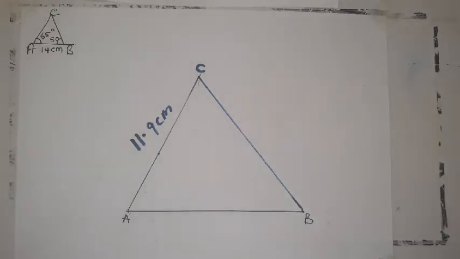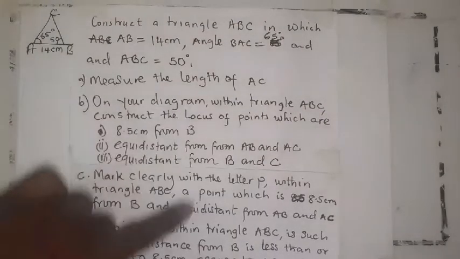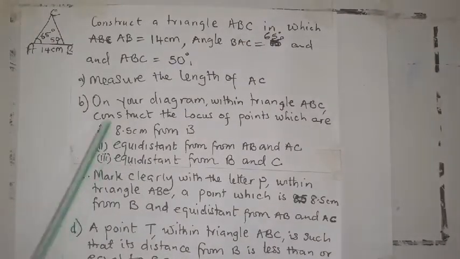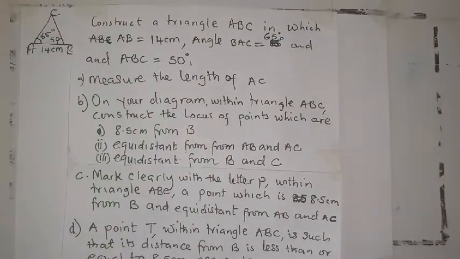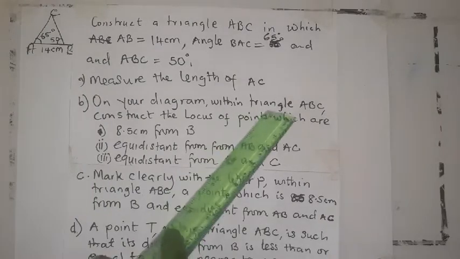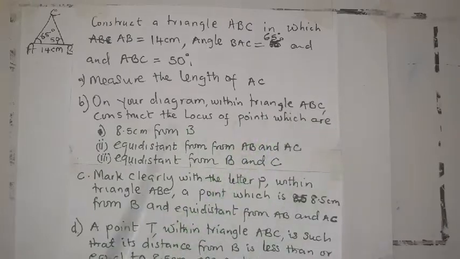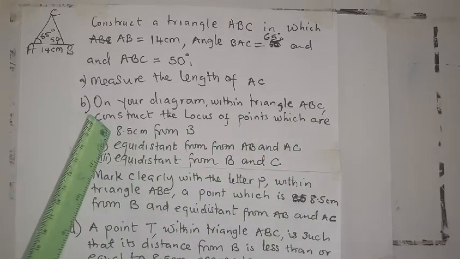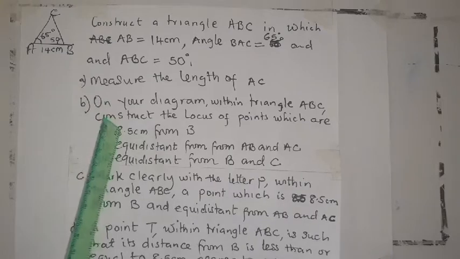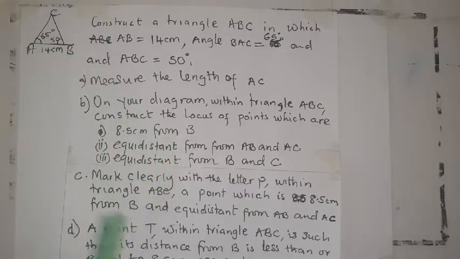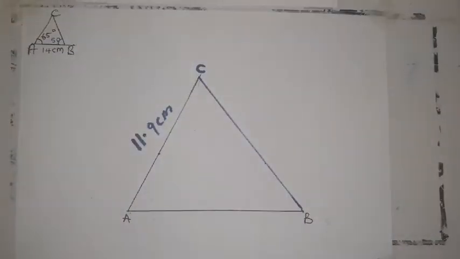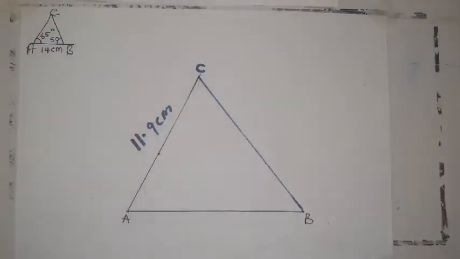What's the next question? Next question now is, on your diagram, which is ABC, within the triangle ABC, construct the locus of points which are, first Roman numeral, 8.5 centimeters from B. Now, if you are one of our followers, you know that we are coming from somewhere where we dealt with the loci.